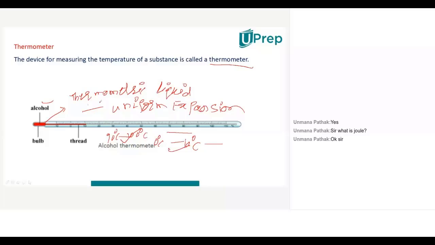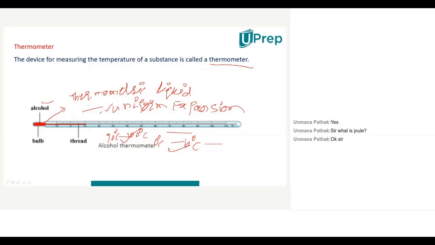That's why mercury thermometers are more reliable than alcoholic thermometers. So uniform expansion will be there for which one? Generally mercury. That's why we use mercury as a thermometric liquid in some of the thermometers.